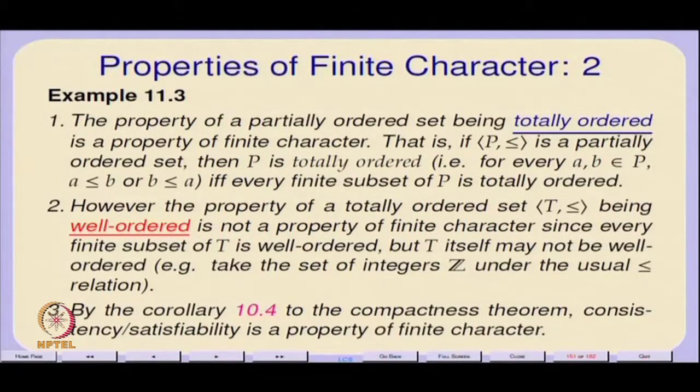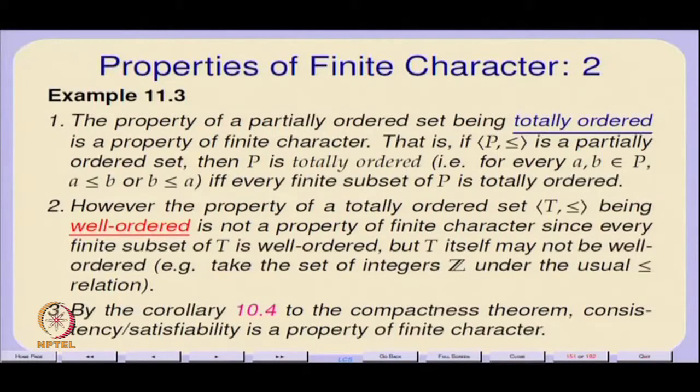One is, given the universe of partially ordered sets, which of the sets are totally ordered. This property of being totally ordered is a property of finite character: within the universe of partially ordered sets, a certain set is a total order if and only if all its finite subsets are total orders.